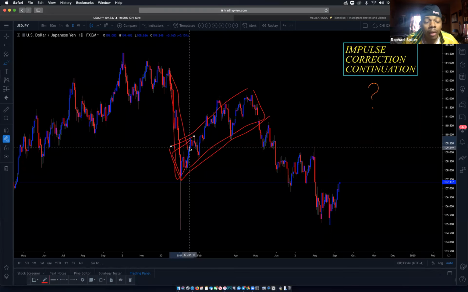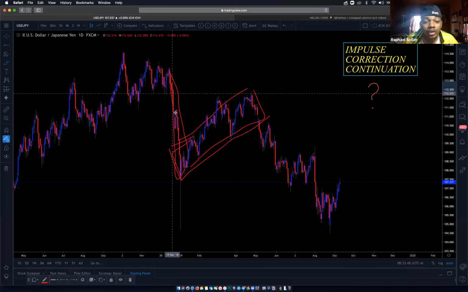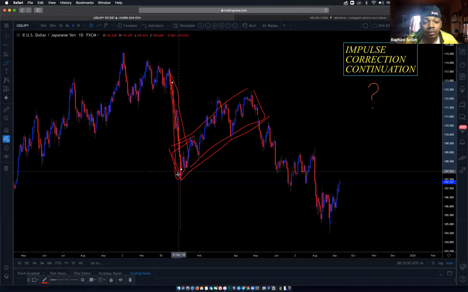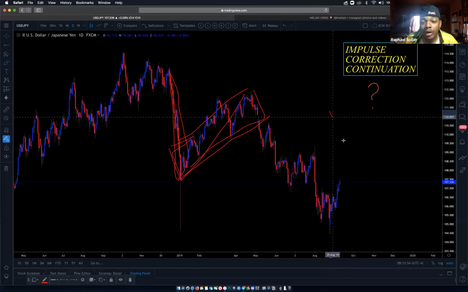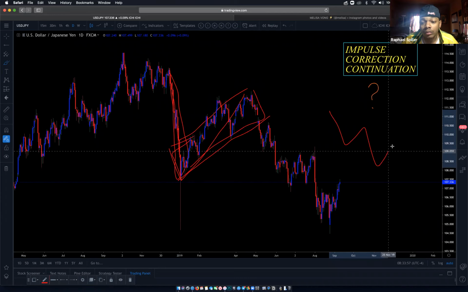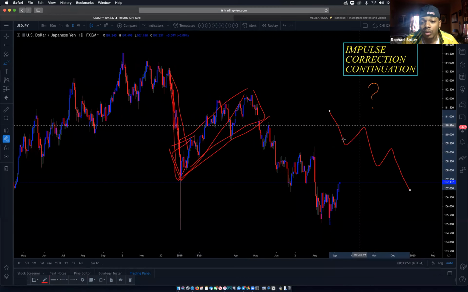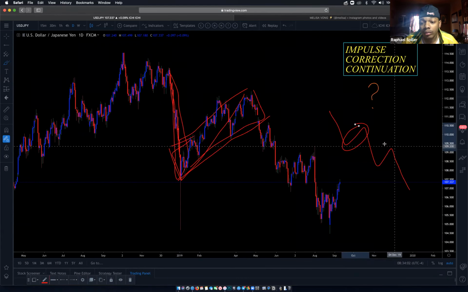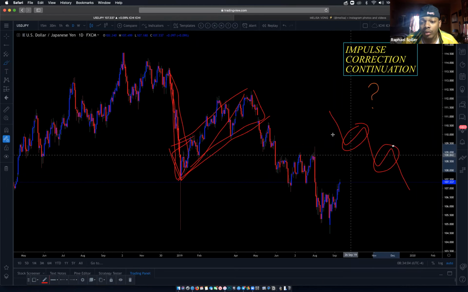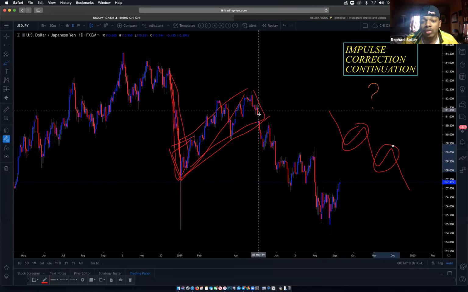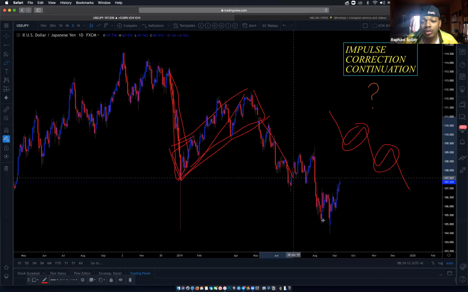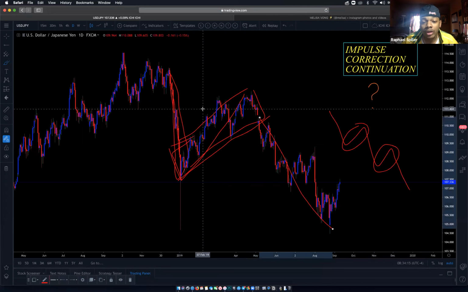If this was the straight line, this would be the wave. I call this the hump of the wave the correction, and as soon as it breaks out of the correction, this would be considered the continuation.